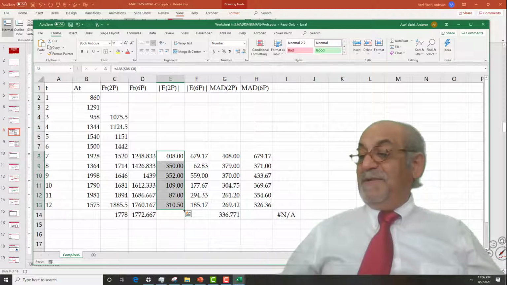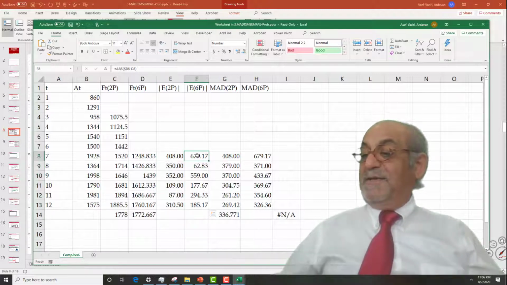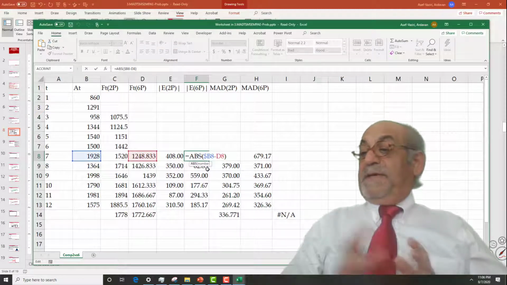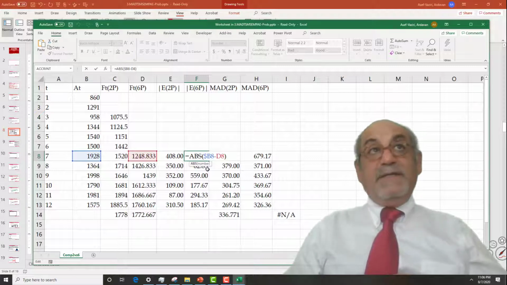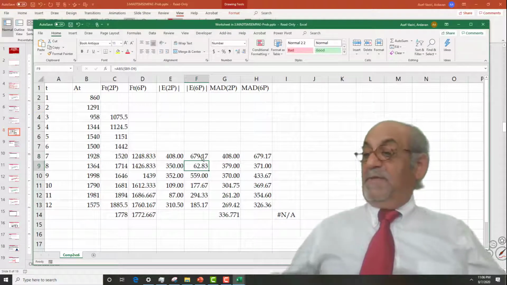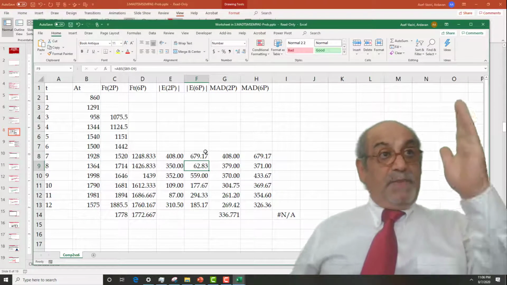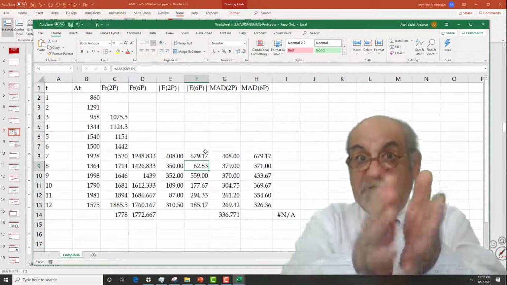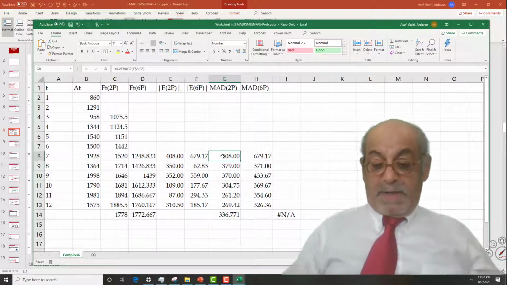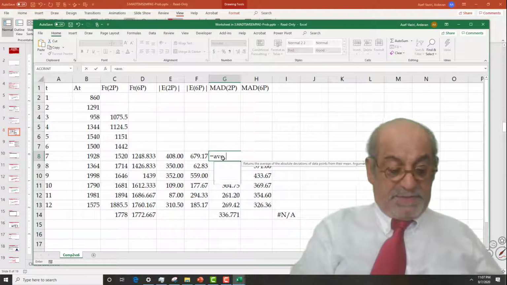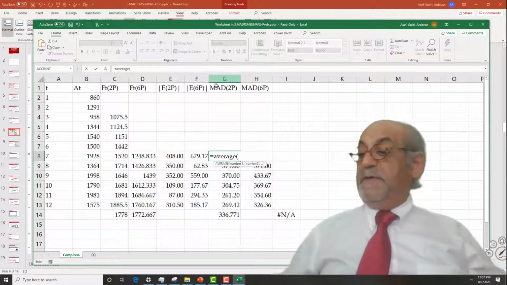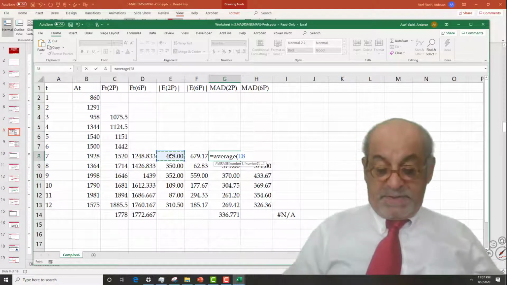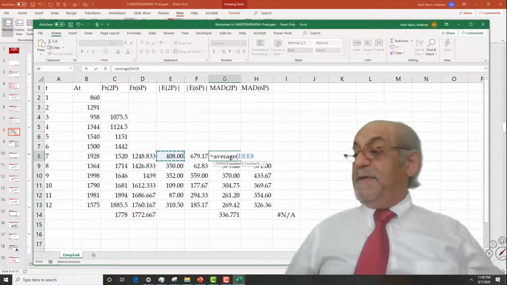Because now I can simply copy it to the right, and that is B8 minus D8 absolute. That is why I made B absolute, because when I copy to the right, B remains B, which is my actual data. Equal to average of this one to itself, and then I lock 8.